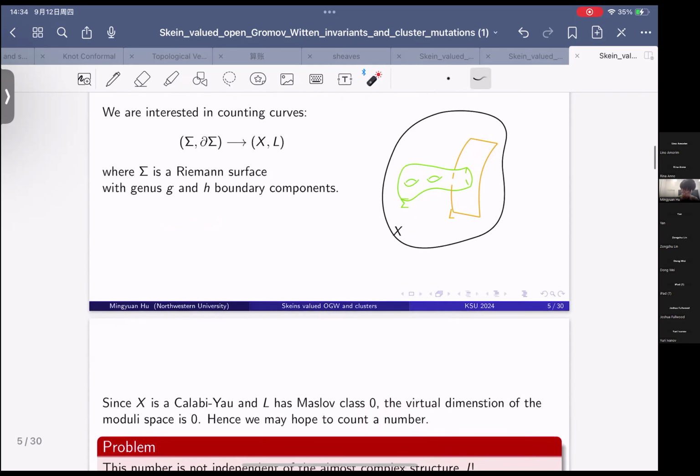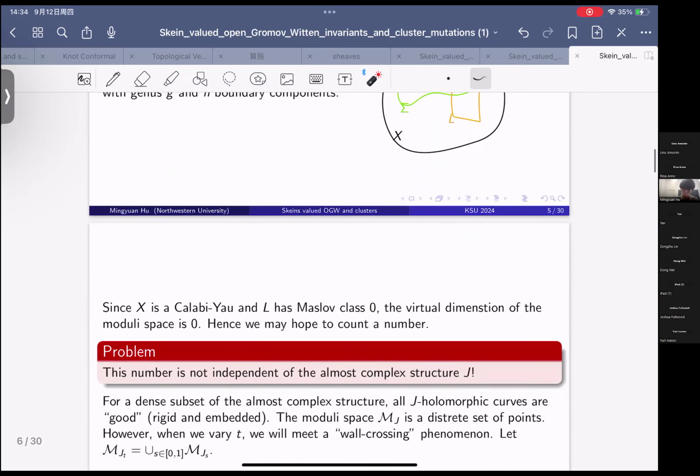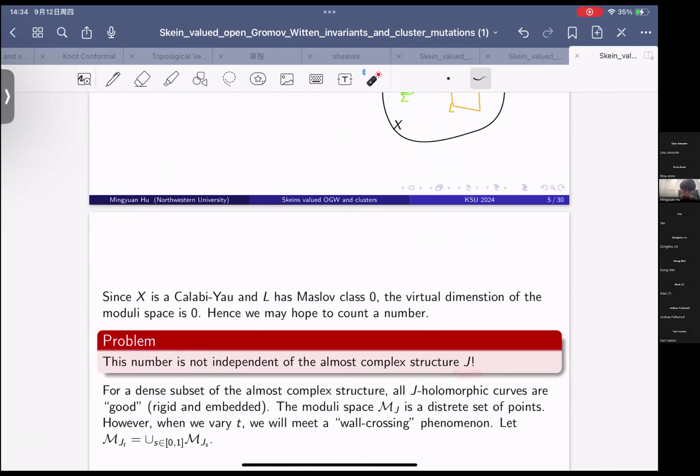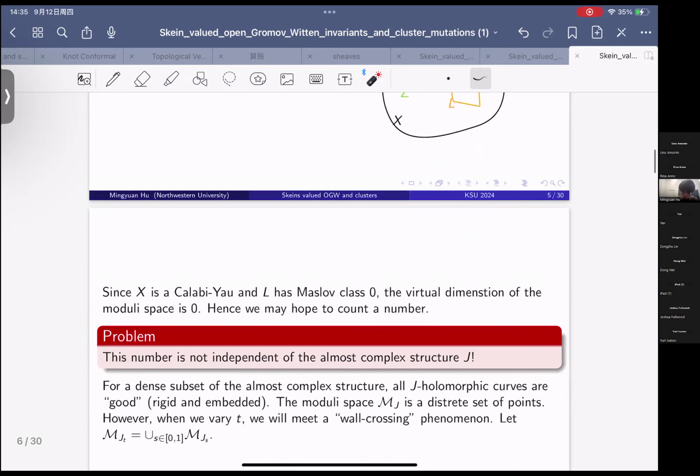That's a naive thought. However, there is a problem, which is that this number is not well defined, because if we change the almost complex structure J, this number will change. Let's see how this could happen.